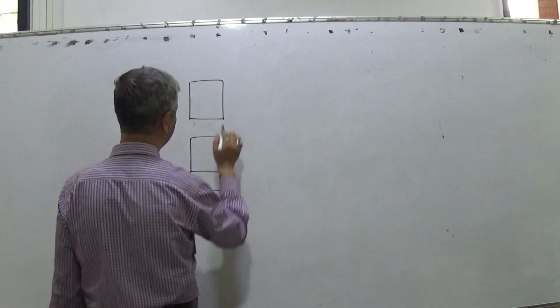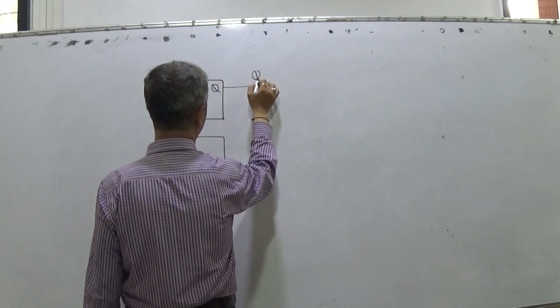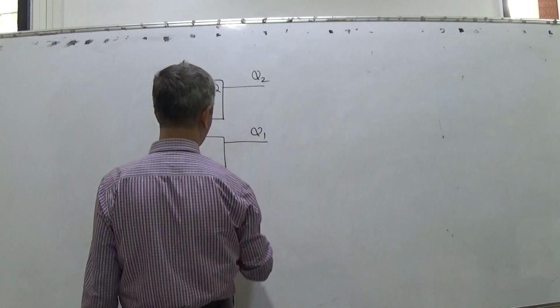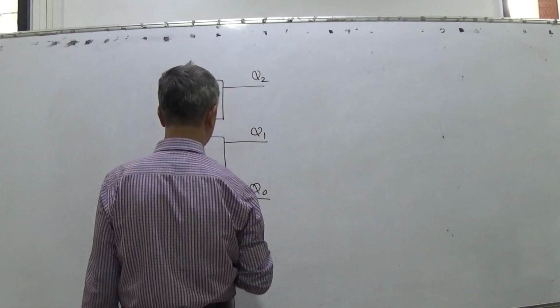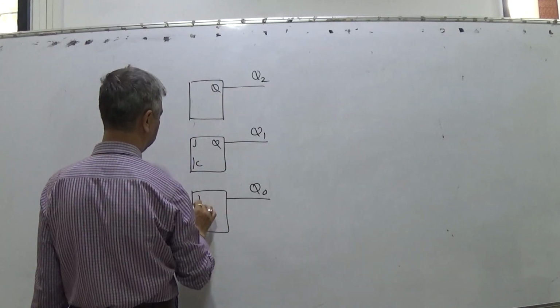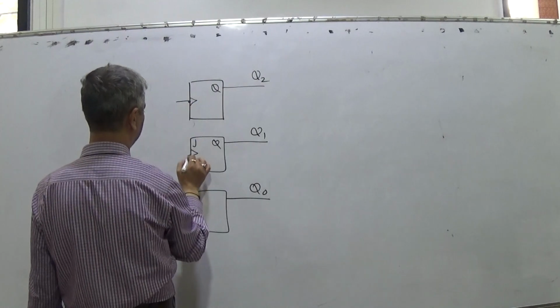Very simply, each is having Q, this would be Q2, Q1, Q0, JK, clock.